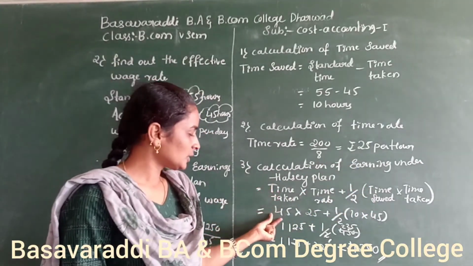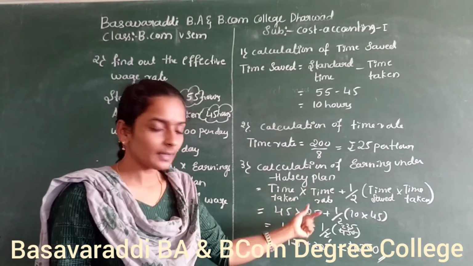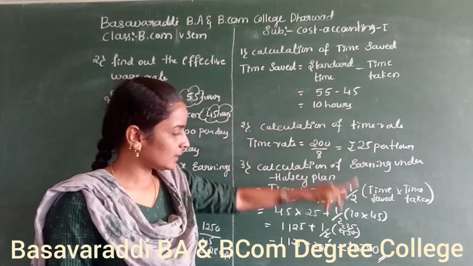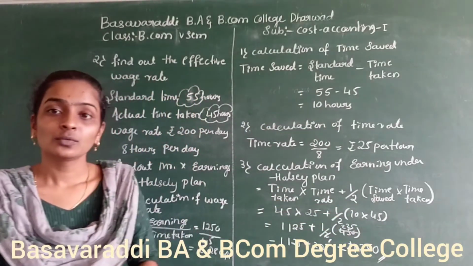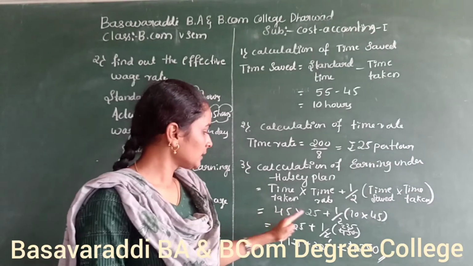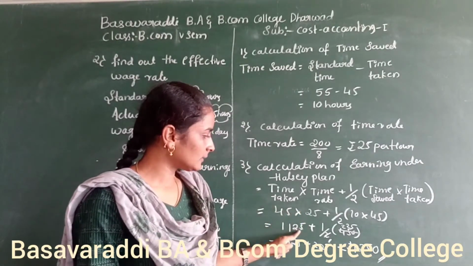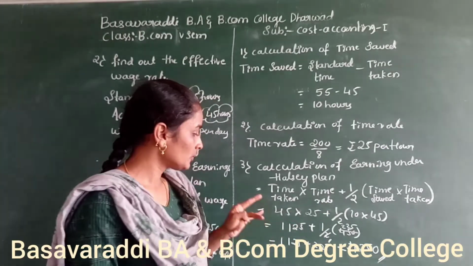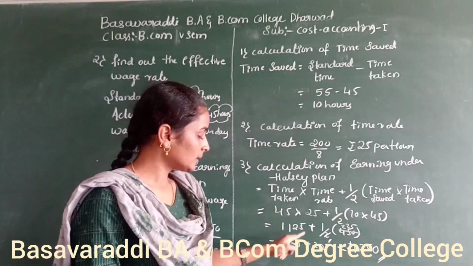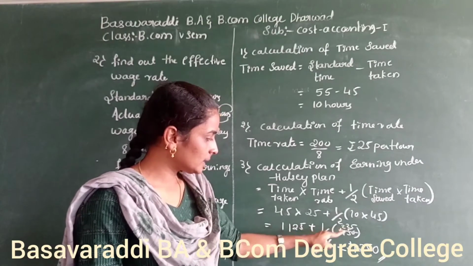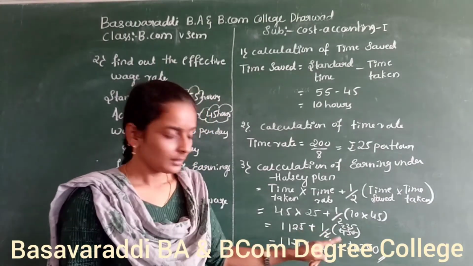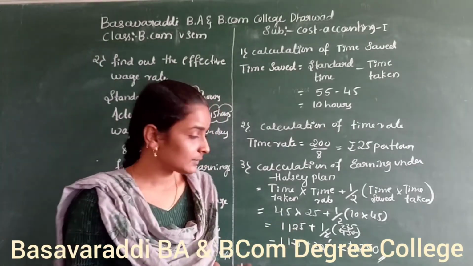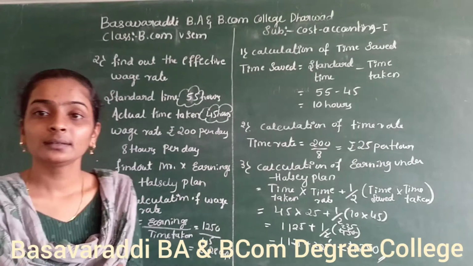Time taken is 45 into time rate 25, plus 1 by 2 into time saved, from note number 1, which is 10, into time taken, 45. 45 into 25 is 1125, plus 1 by 2 into 10 into 45, which is 450, so 225. 1125 plus 225 is 1250.